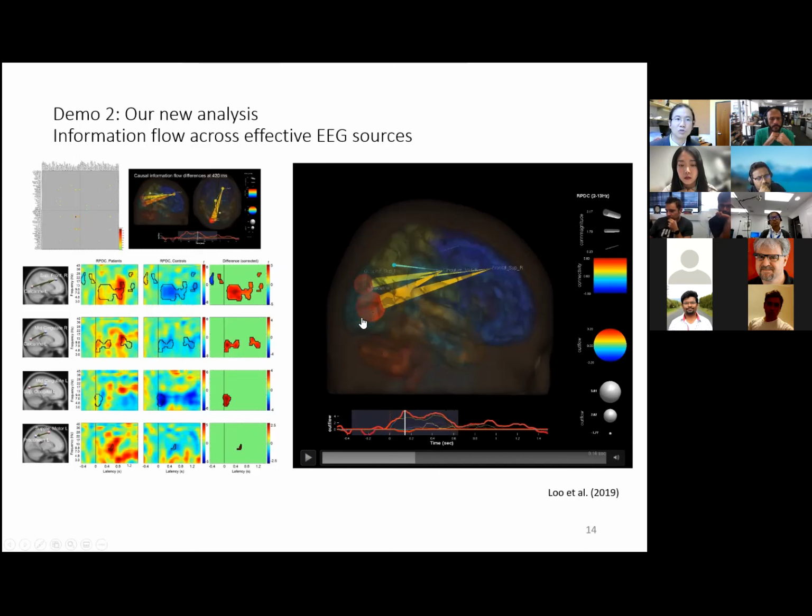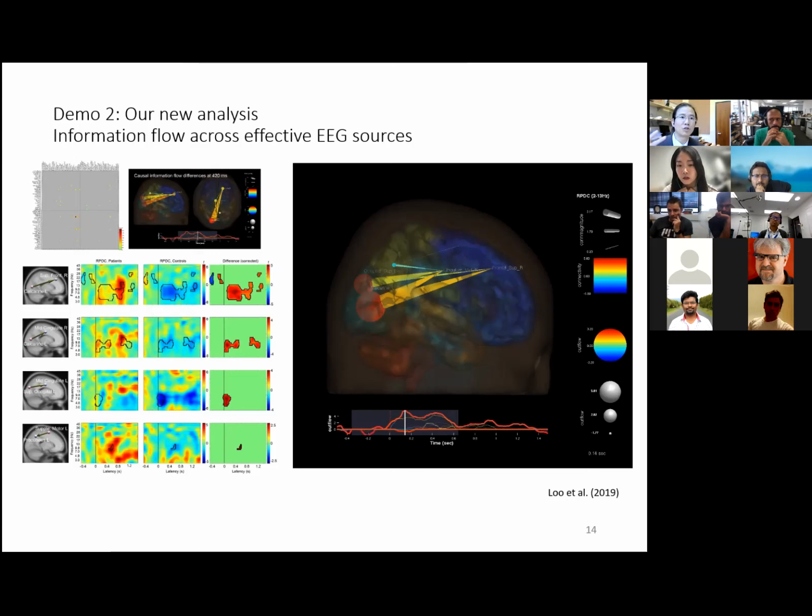You see a huge information flow from the occipital lobe to the frontal lobe. This means the tic patients have an excessive amount of information flow from the occipital to frontal. Our interpretation is, it's not surprising that the occipital lobe responds to the incoming stimulus, because those are perceptual processes, right?